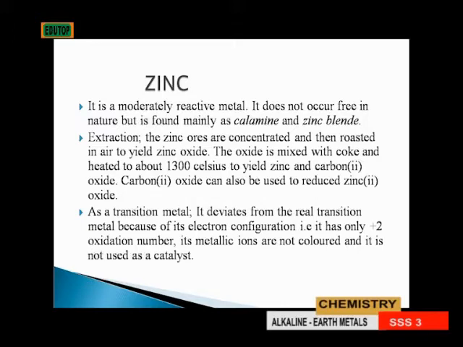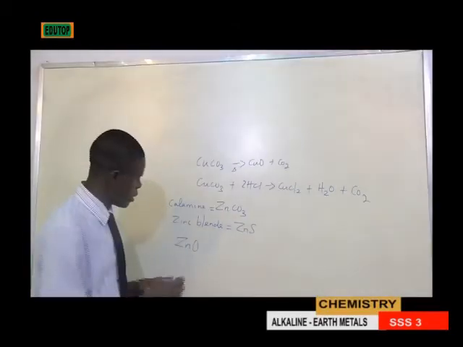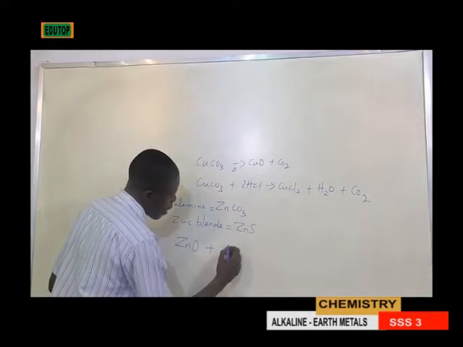It is yielded by the process of extraction, but this time it is not by electrolysis, it is by reduction, where carbon 2 oxide can also be used to reduce zinc 2 oxide. What am I saying? When you have your zinc ore, it can be reduced by coke.